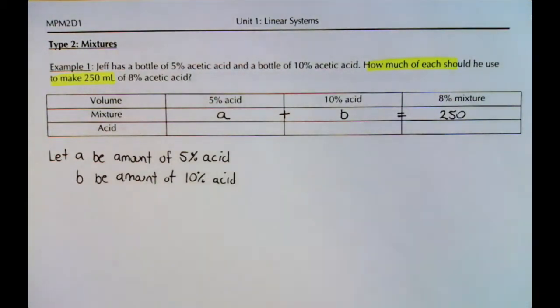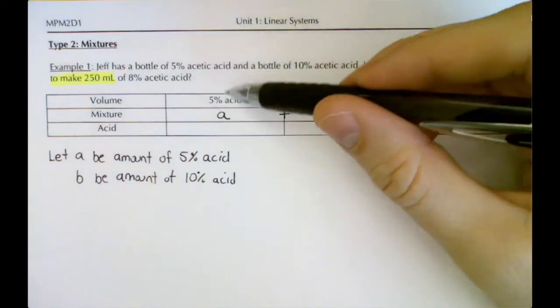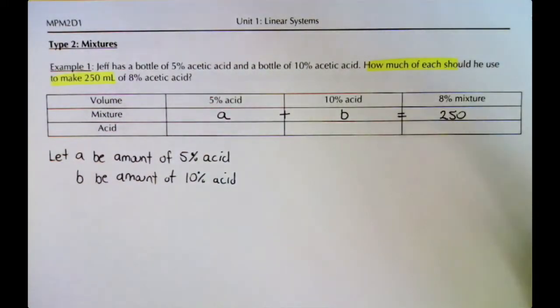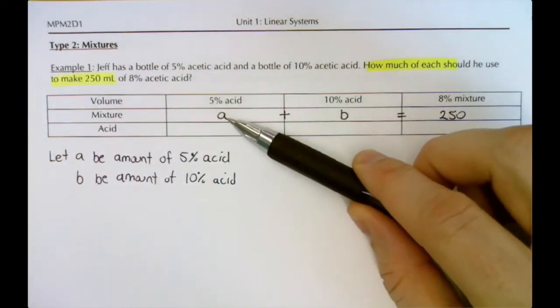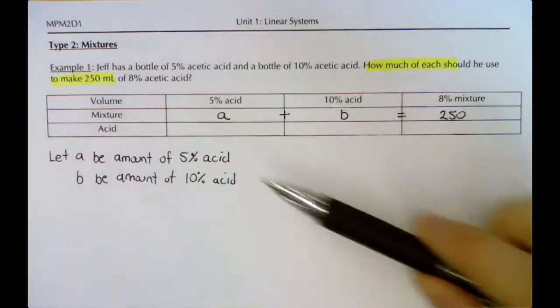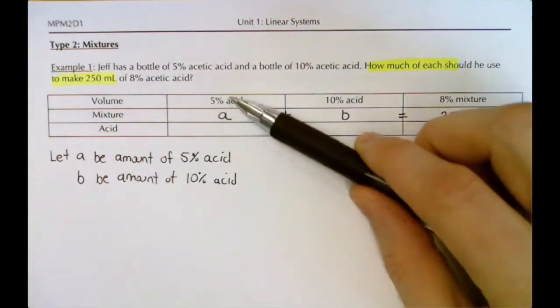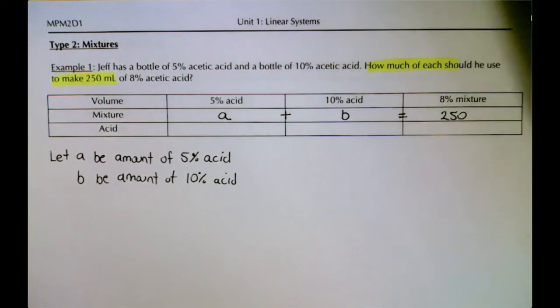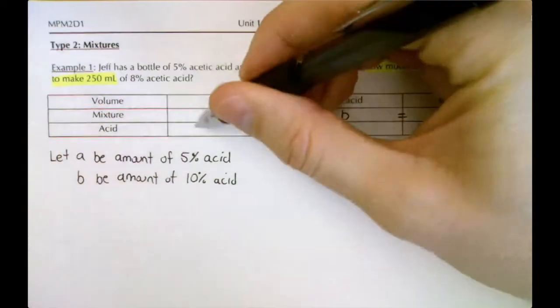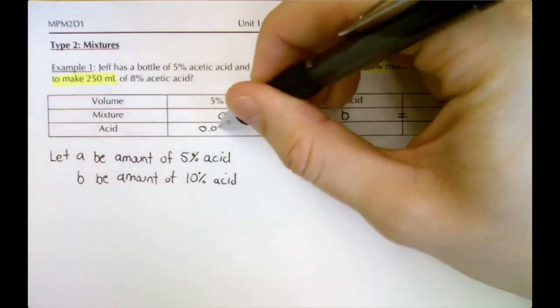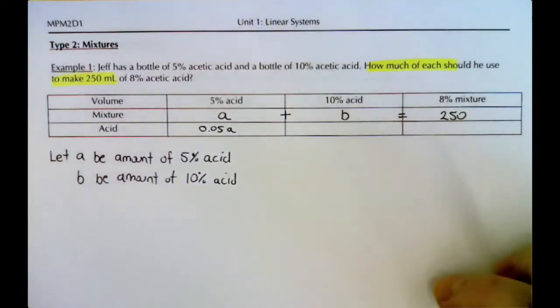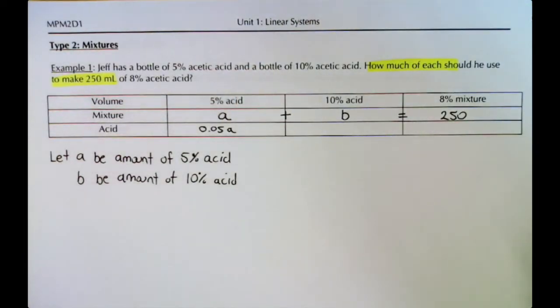The second part of the equation involves the percentages. First is the amount, the second is the percentages. So 5% acid. That means we're really only getting 5% of this amount of liquid is the acid. So the acid equation involves the percentages. 5% is a decimal 0.05, so we have 0.05 A, which means 5% of A is actually acid.